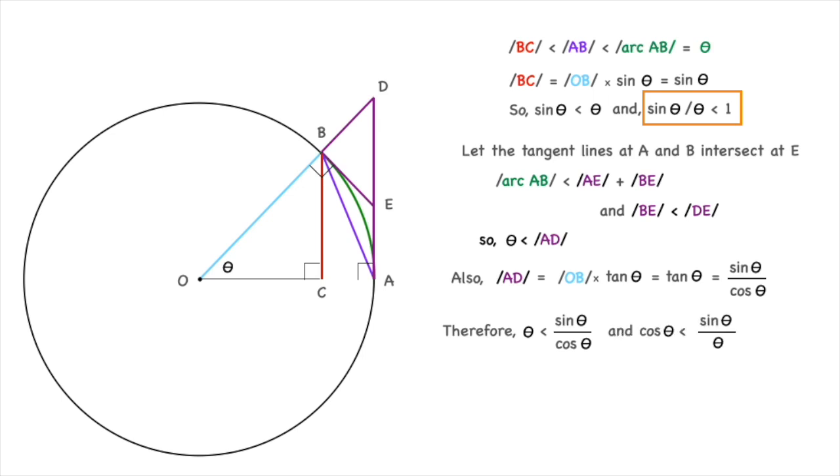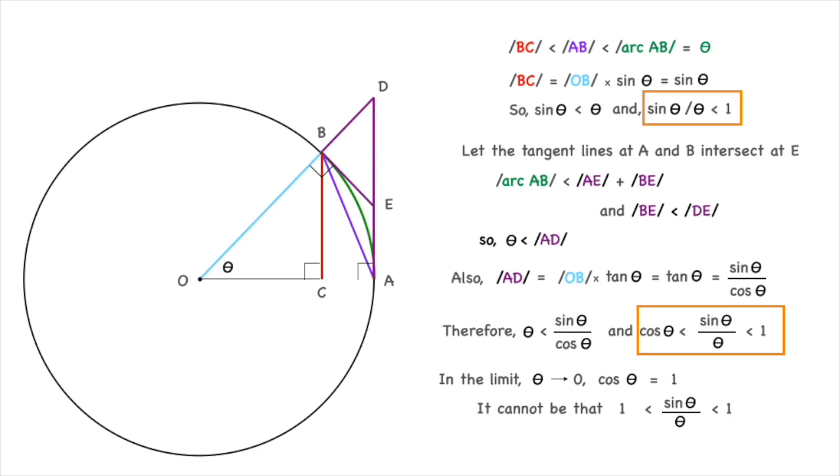And cosine theta is less than sine theta divided by theta, which is less than 1 from our earlier finding above. Now, in the limit as theta goes to 0, cosine theta equals 1. And it cannot be that at that limit, 1 is less than sine theta divided by theta, which in turn is less than 1.